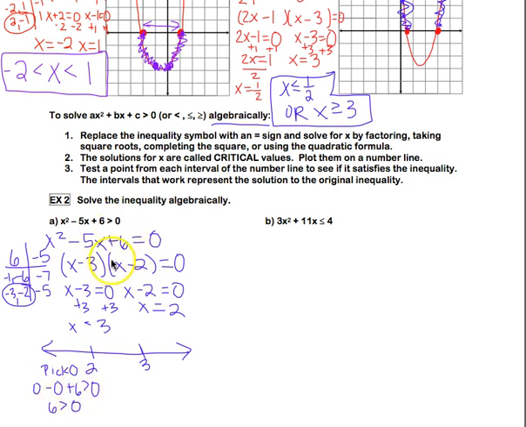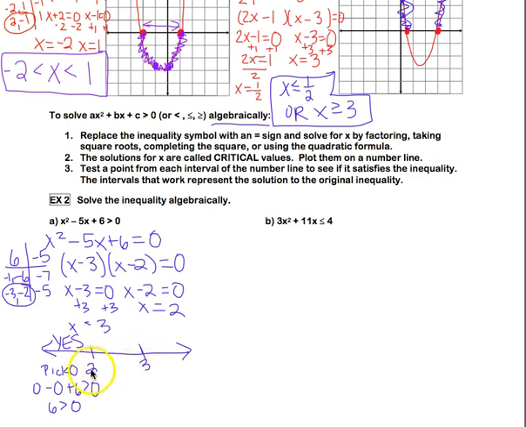You are looking to see if this is a true or a false statement. If it is a true statement, then either put a check or write yes on this interval. That means these x values should be solutions. Then I pick something from the next interval.